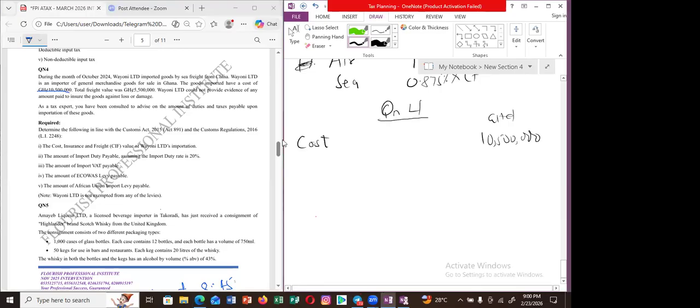There are some questions that would segregate the cost into the elements I gave you, so please learn them so that you know what goes where. And I think freight is 5.5 million, right? Now, what about the insurance?